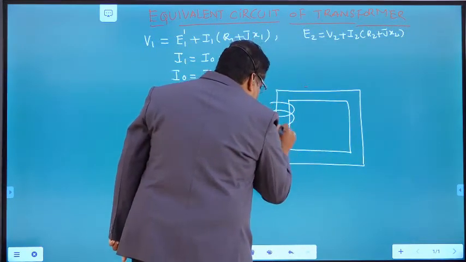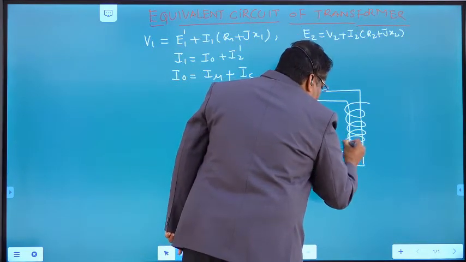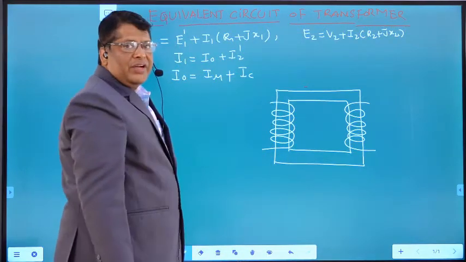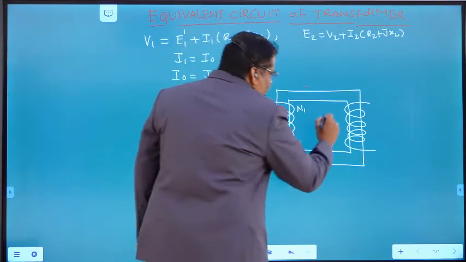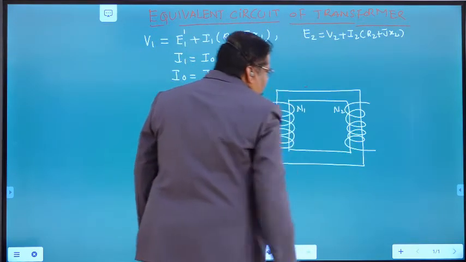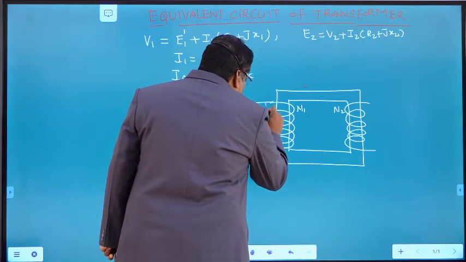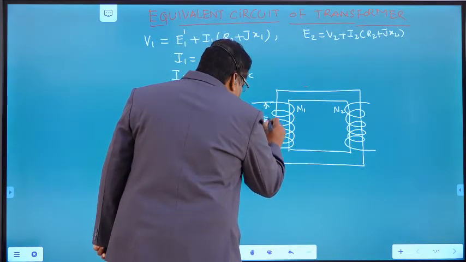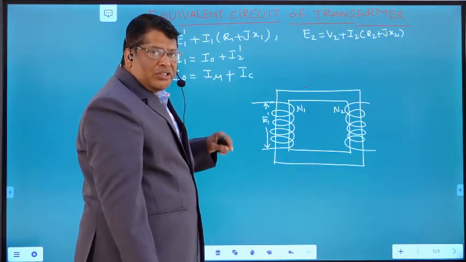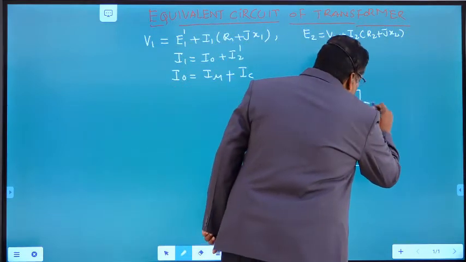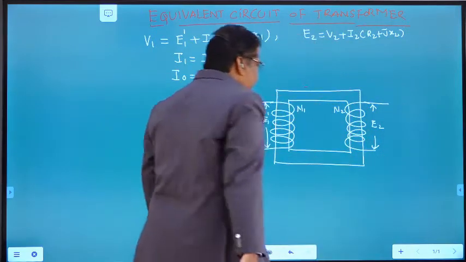This is the primary winding, and this is the secondary winding where we connected the load. The primary winding has N1 turns, whereas the secondary winding has N2 turns. There is a self-induced voltage in the primary winding, which we take as E1 dash, nothing but E1. E1 dash is the voltage drop in the primary winding due to the self-induced voltage. In the same manner, the voltage induced in the secondary winding is E2.